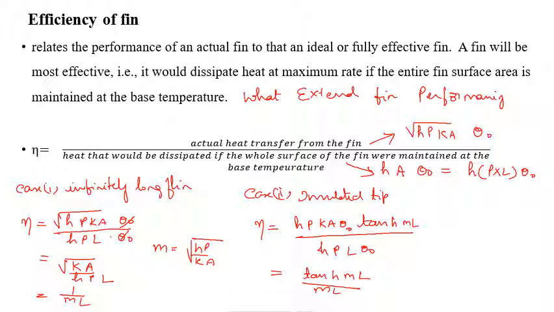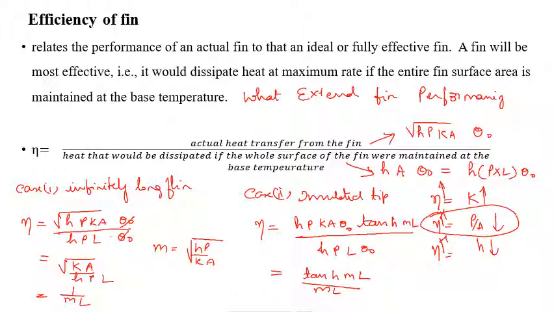So the efficiency increases as the k value increases, but as the P by A value decreases. Efficiency increases as the P by A value decreases, and efficiency increases as the h value decreases. But the second term P by A should increase in case of effectiveness, whereas in case of efficiency it should decrease.